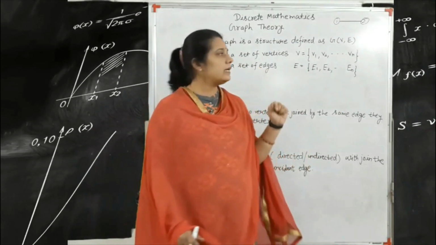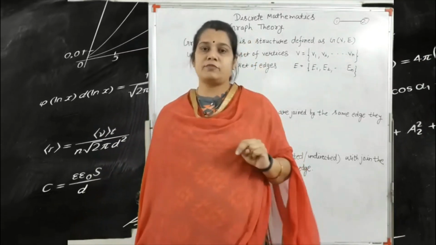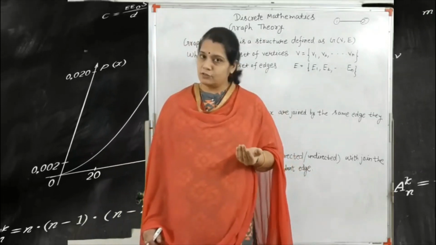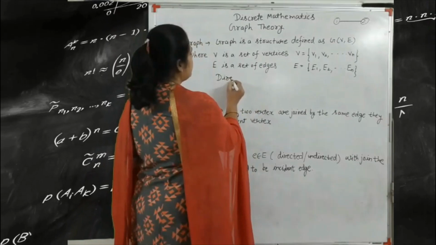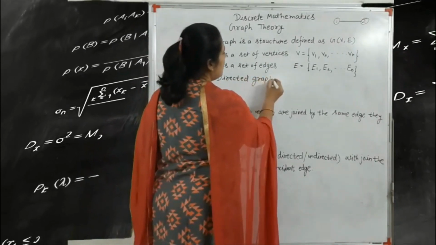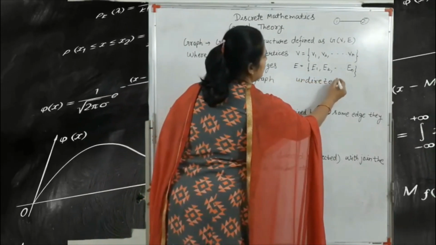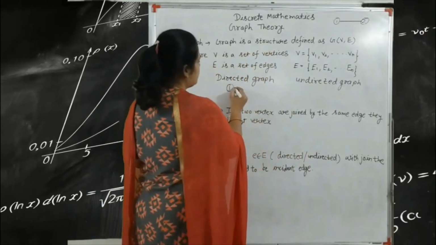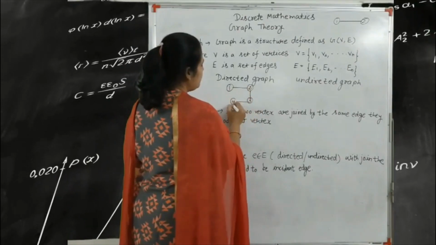Got it? So with this set of edges and vertices, we have two types of graph: directed graph and undirected graph. For example, we draw a graph with vertices 1, 2, 3 and 4.